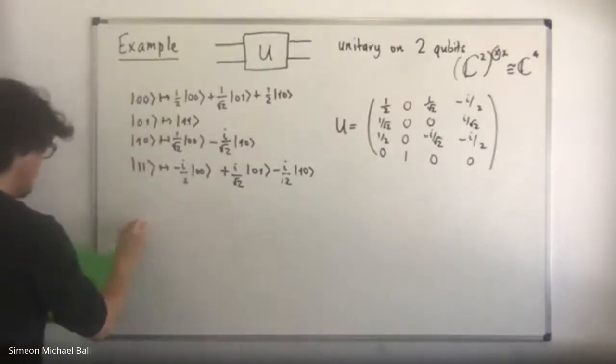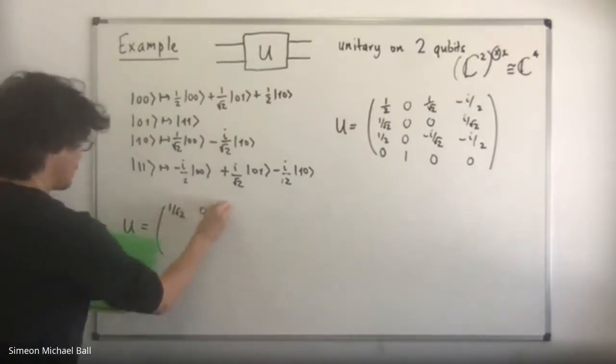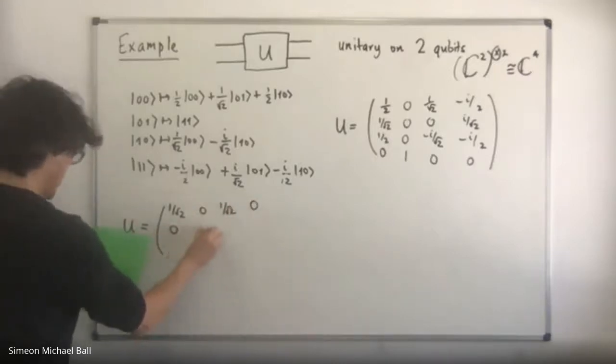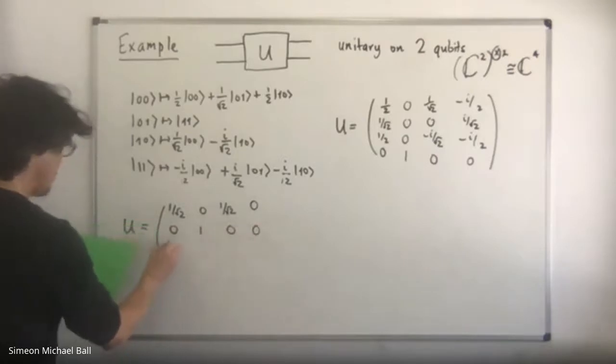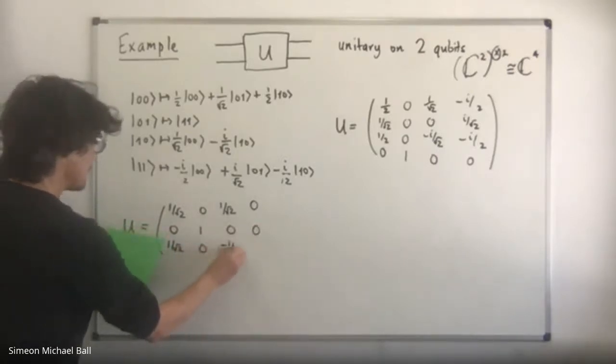So this is then equal to this decomposition into two-level unitary matrices. Two-level just means that all but 2 rows and columns look like the identity matrix.